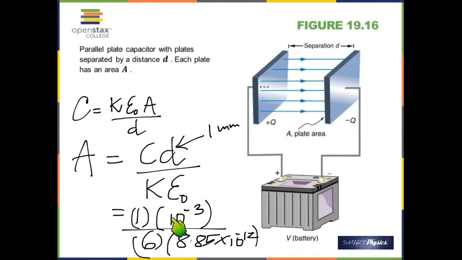So you have 1 here, and we assume that the distance between the plates is 1 millimeter, which is 10 to the negative 3 meter. K is assumed to be 6 for the material used, and this is epsilon naught. When you calculate this, you get a huge number showing that capacitance of 1 farad is really big.